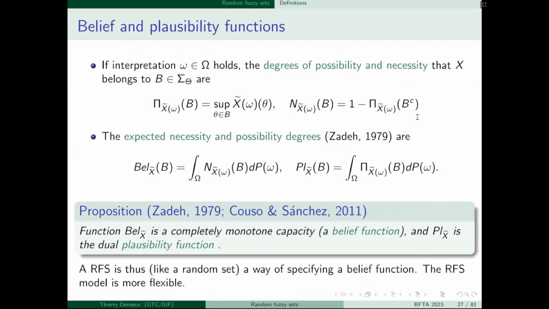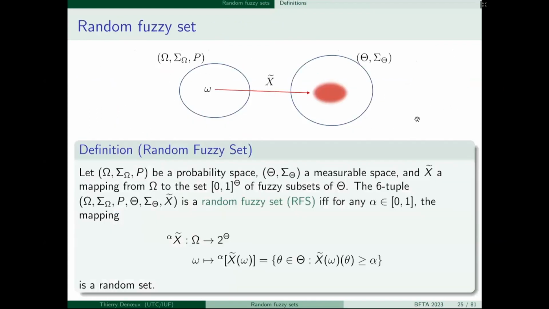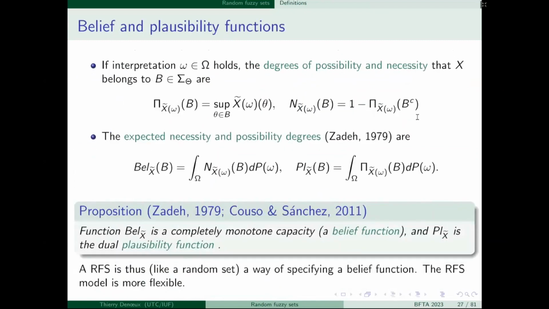It's the maximum possibility inside B, as we have seen before, and we can define a degree of necessity of B. In that case, we are purely possibilistic because we assume that some omega here is true, so x is just constrained by this fuzzy set, which defines a possibility measure, and so we can define the degrees of possibility and necessity like this.